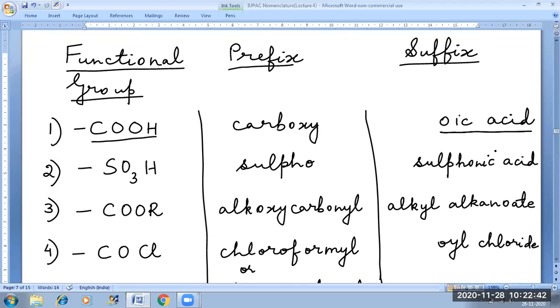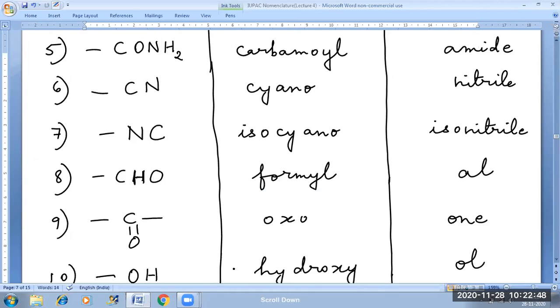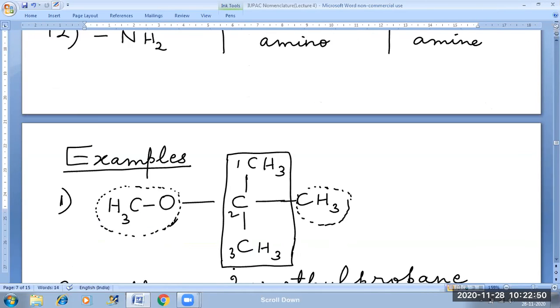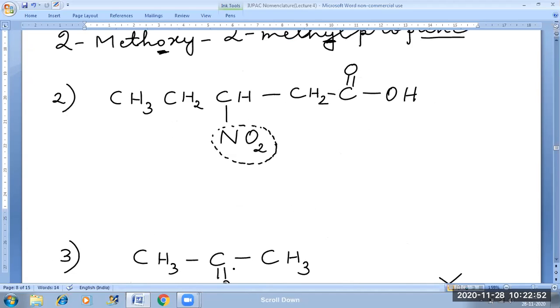Whatever is the principal functional group should get its suffix. So I have to start numbering now in such a manner so that I get the longest possible chain of carbon atoms. So 1, 2, 3, 4, and 5.